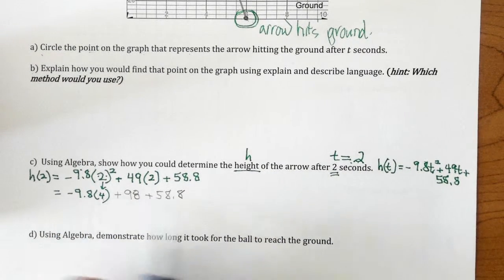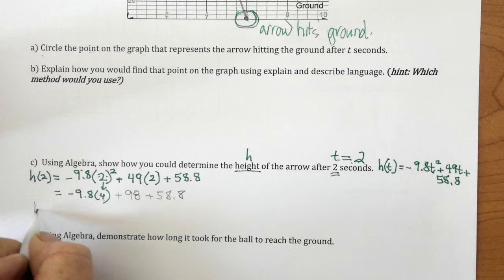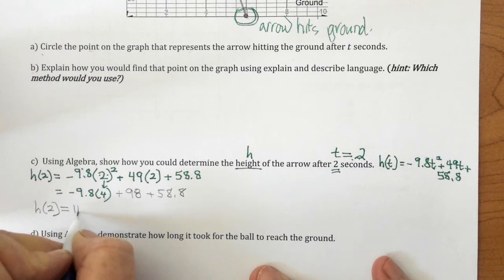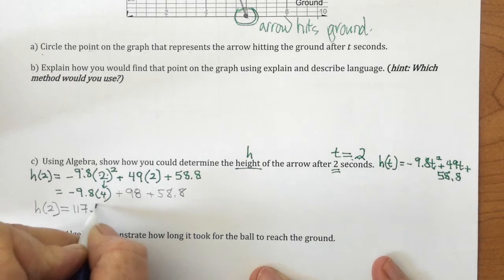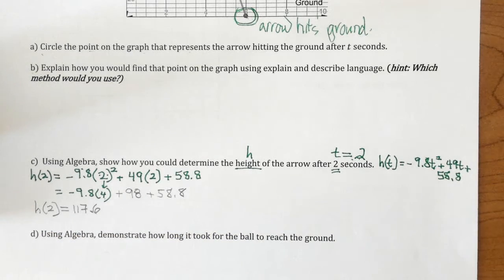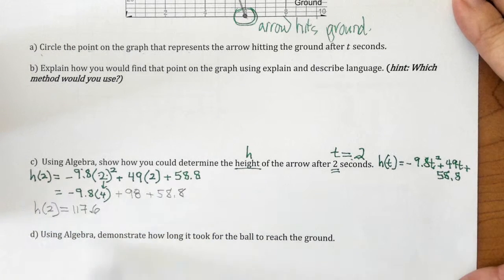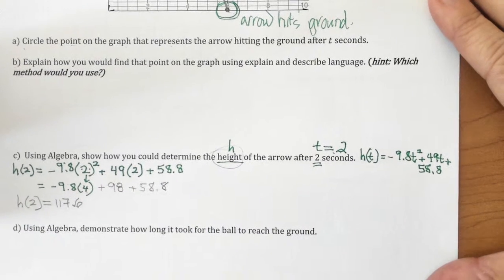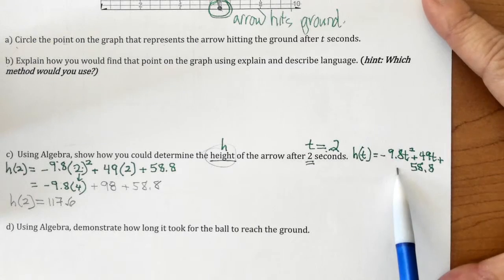Now I'm going to multiply and continue to add. So what does h of 2 equal? H of 2 is equal to 117.6.